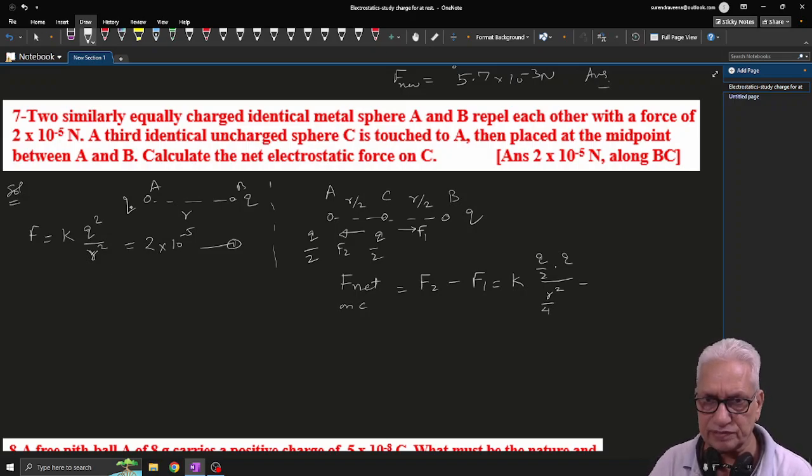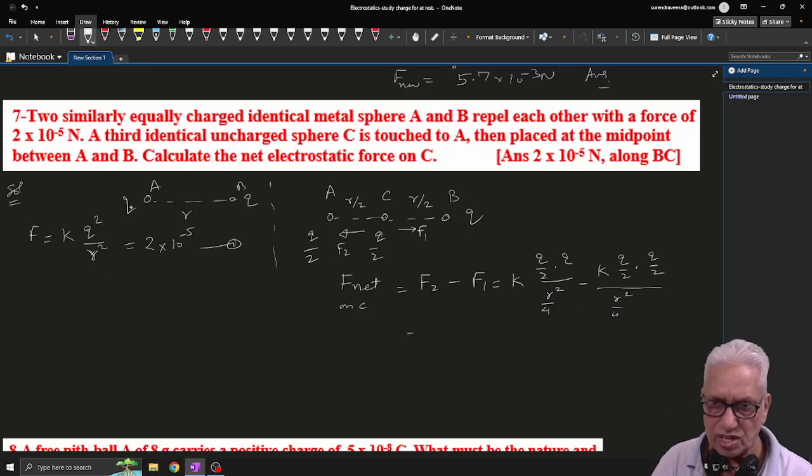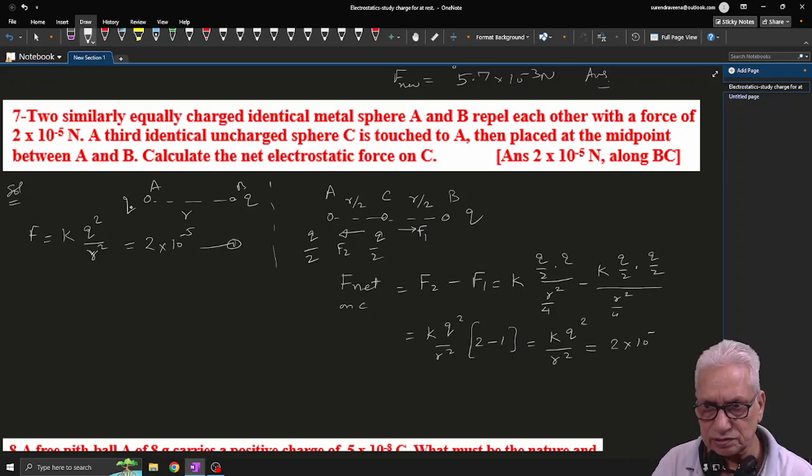Now F1 between A and C: K into Q by 2 and also Q by 2 upon R square by 4. Taking it common, K Q square upon R square. The 2 comes here and cancels out, so 1. It means the force K Q square upon R square from equation 1, the same as given in the question, so it is the same force.